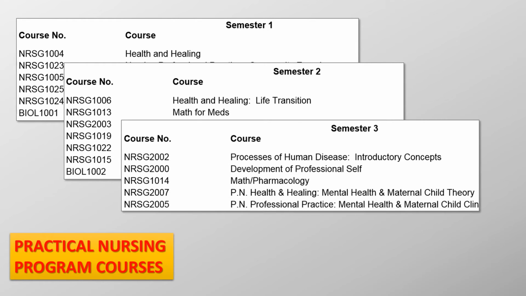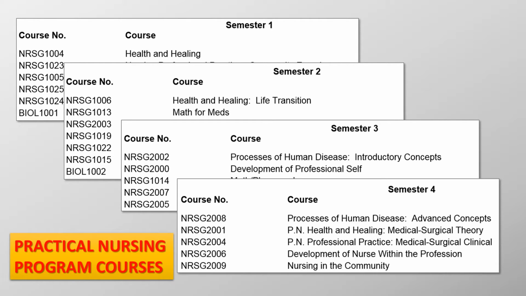You've taken courses in semester 3 such as Math Pharmacology and Mental Health and OB Theory and Practice. And in semester 4, you're taking Med Surg Theory and Clinical and finishing off your Processes of Human Disease, Pathophysiology.